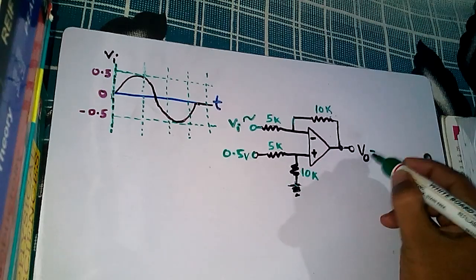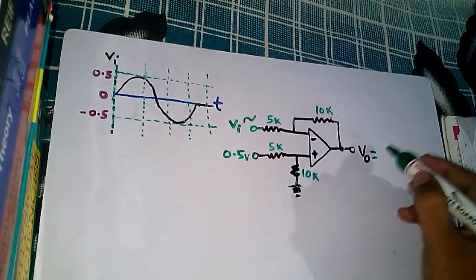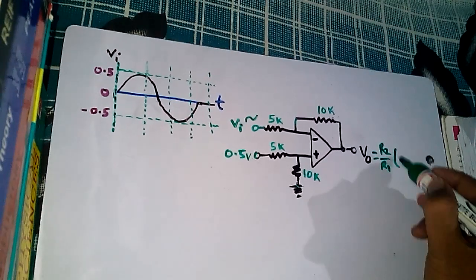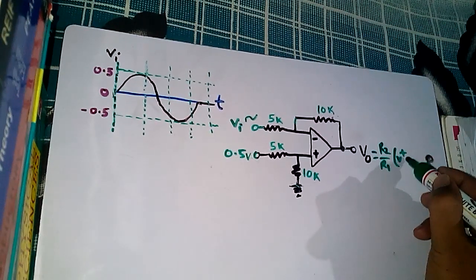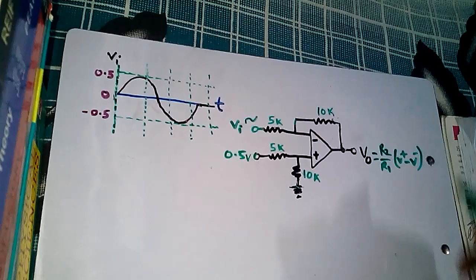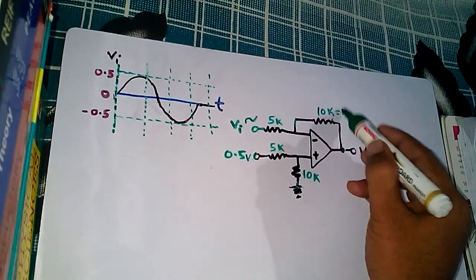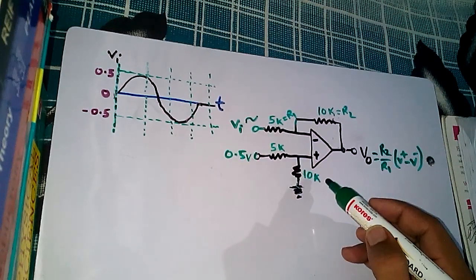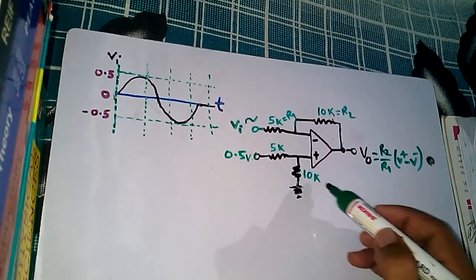And we know what the output voltage formula for that is. The output voltage is R2 by R1 into (V plus minus V minus). R2 is this, R1 is this. This is R3, R4.